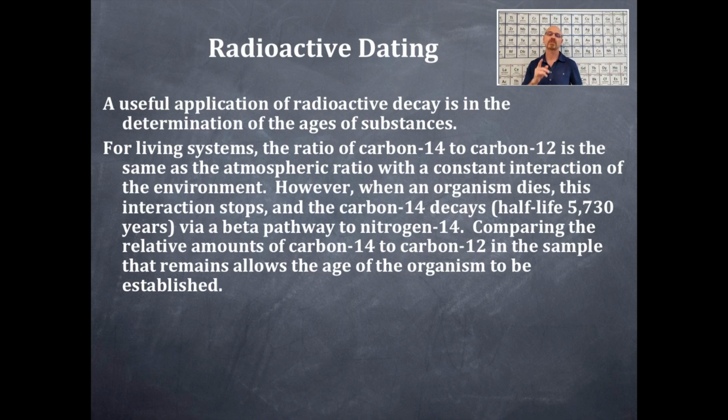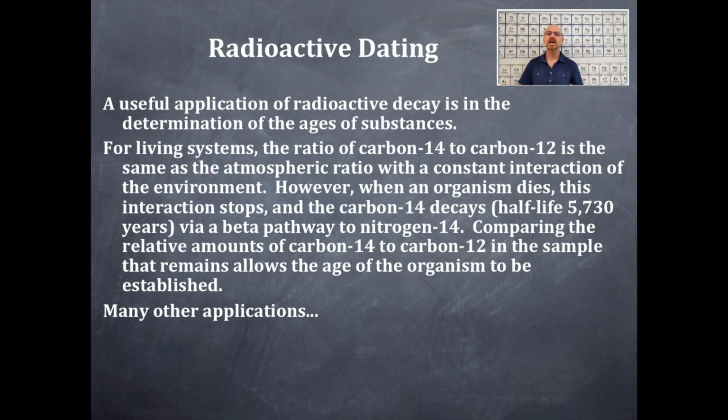Its half-life, as we have mentioned numerous times in this series of videos, is 5,730 years. Carbon-14 decays via a beta pathway to nitrogen-14. So if you compare the relative amounts of carbon-14 to carbon-12 in a sample, that allows the age of that organism to be established to a great degree of certainty.